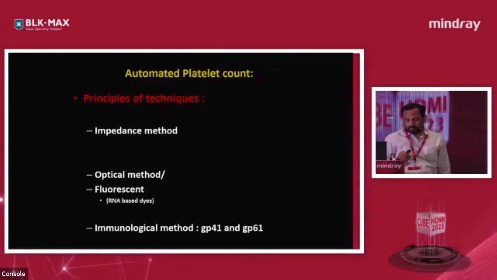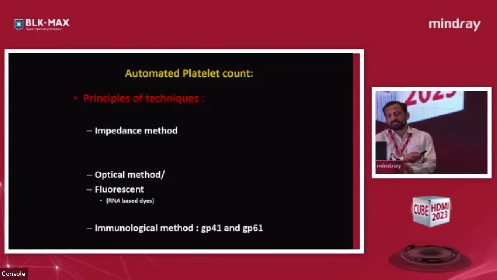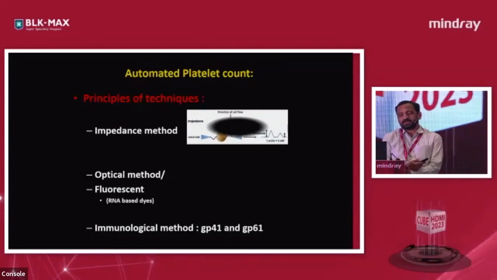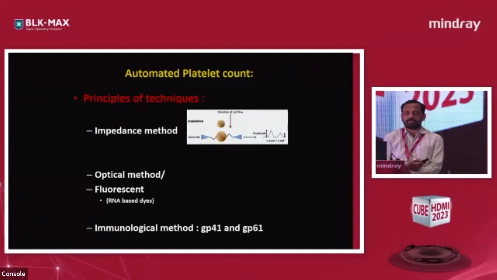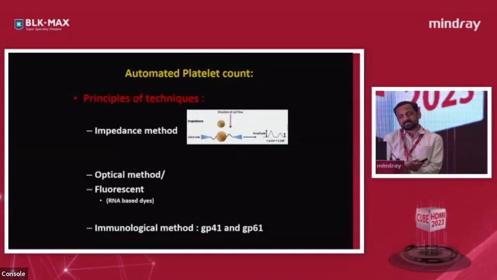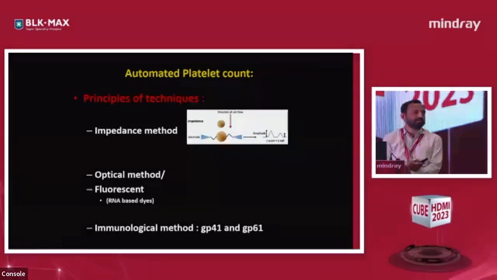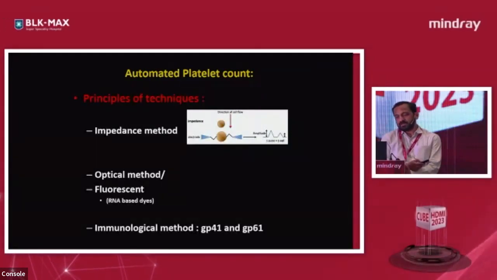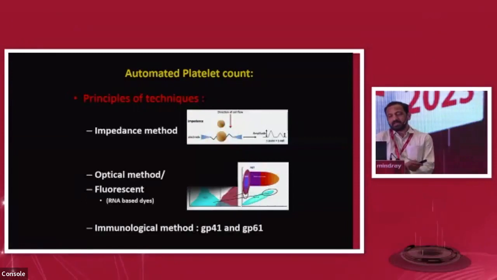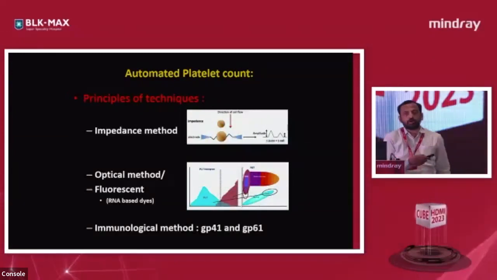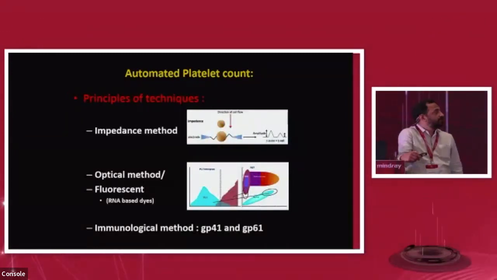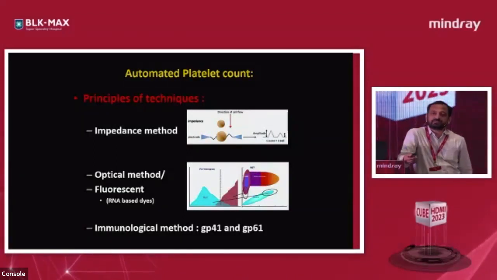Now, before I go to the MPV, again, a simple thing or repetition. The techniques for the counting of platelets by the automated analyzers: first and foremost is the impedance method, wherein the pulse is generated. The second is the optical or the fluorescence method. There is a difference between the dyes which are being used.